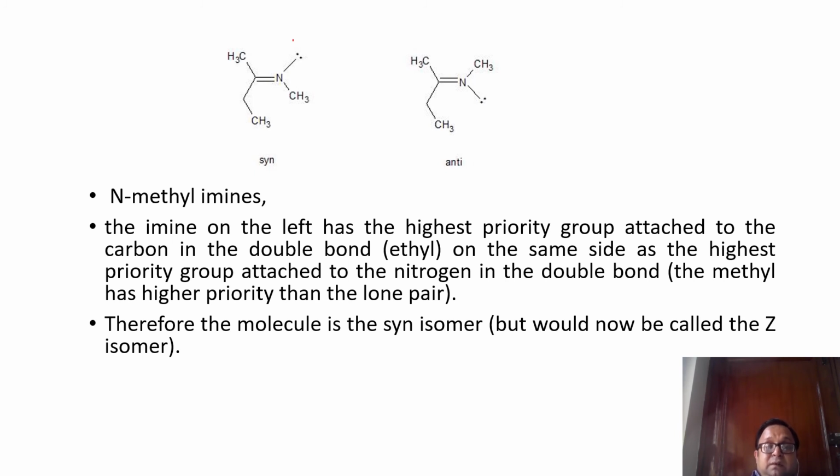You can see here it is lone pair and methyl, so priority will be given to the methyl. Here, between methyl and ethyl, priority will be given to the ethyl. When both are on the same side, it is syn, and when the ethyl and methyl are on opposite sides, it is called anti.